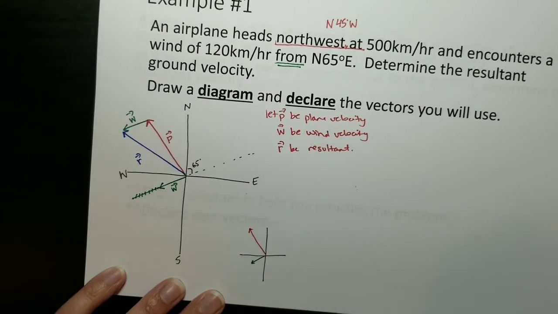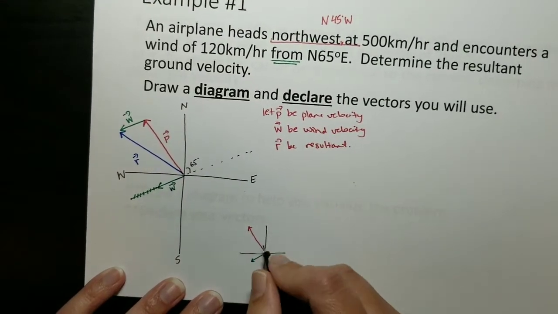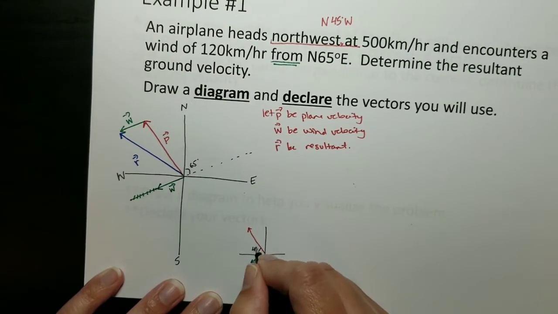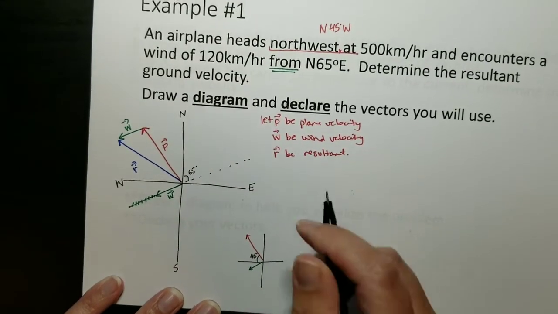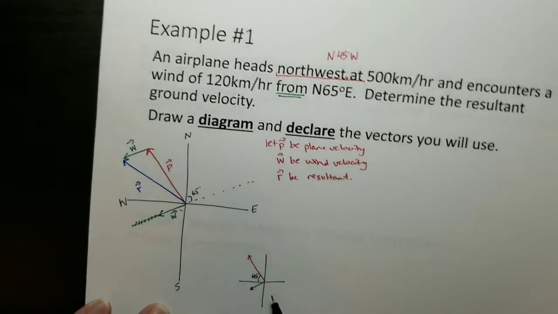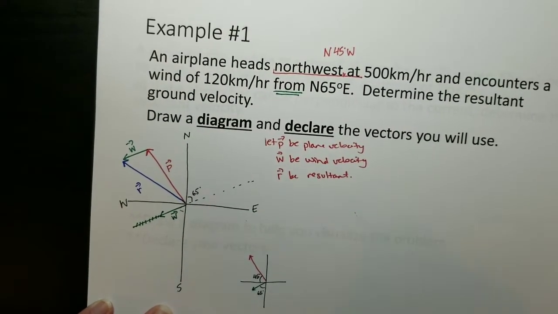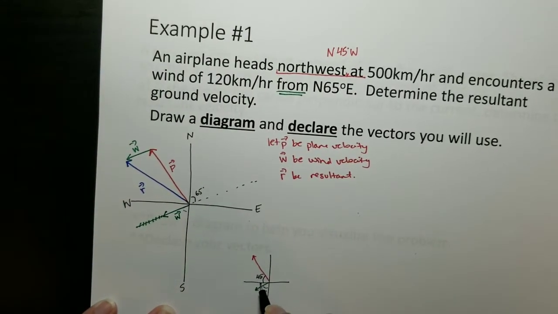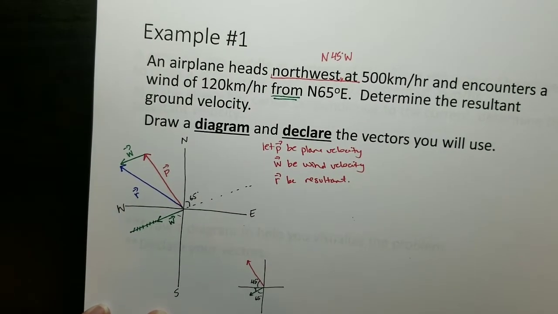I know that that is going to be 45 degrees. And looking back here, this north 65 degrees west, that's 65 down there. So that would leave this piece in here as subtracting that from 90. So here, this would be a 25 degree angle in there.